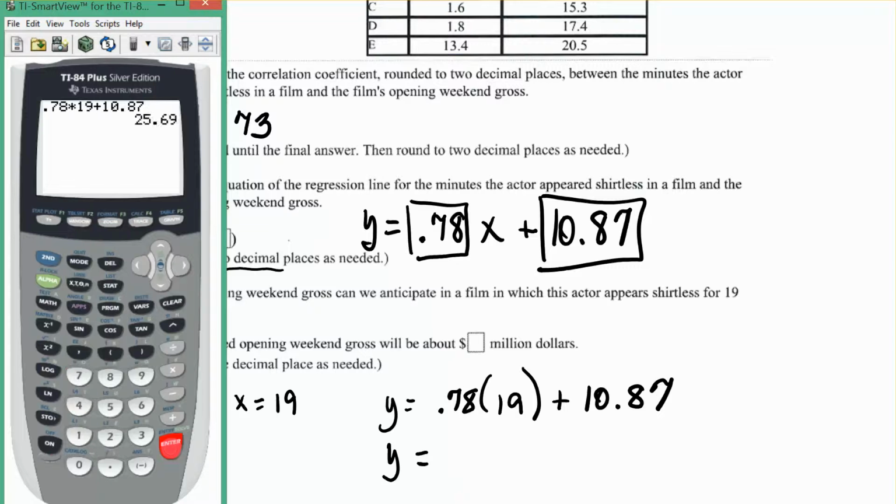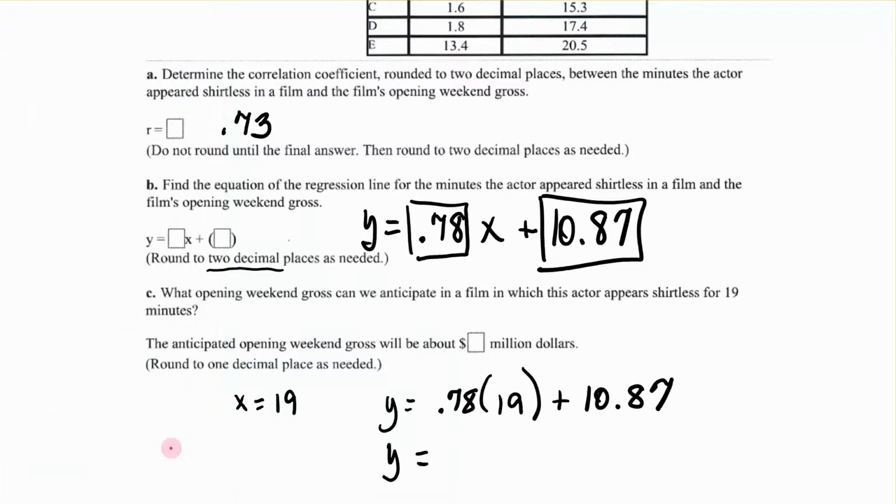Enter. And it says that if we round to 1 decimal place, we will get 25.7, and that will be millions of dollars.